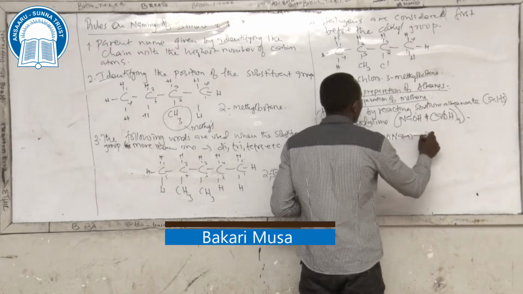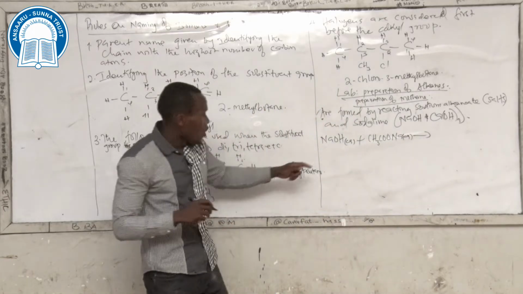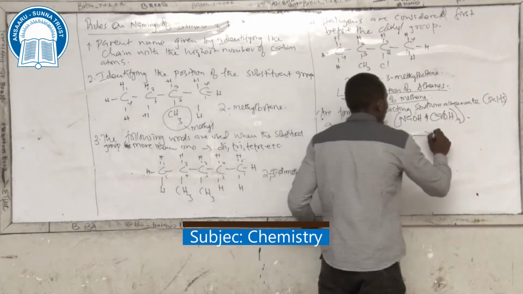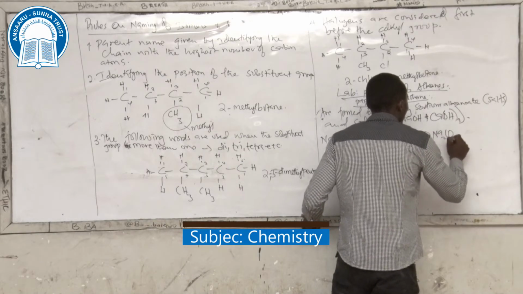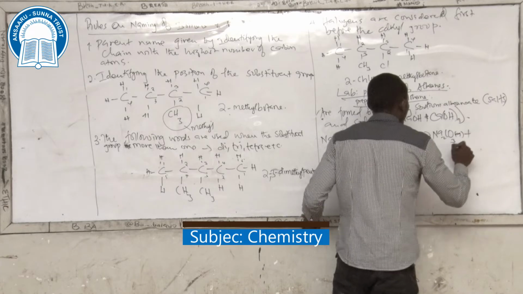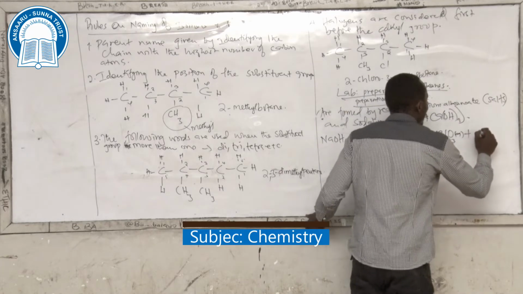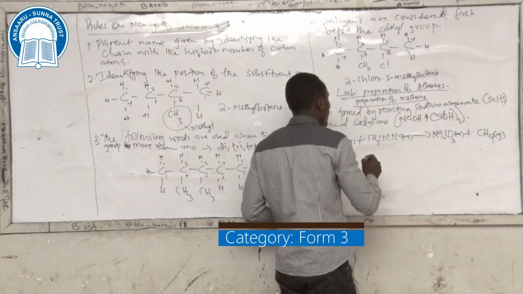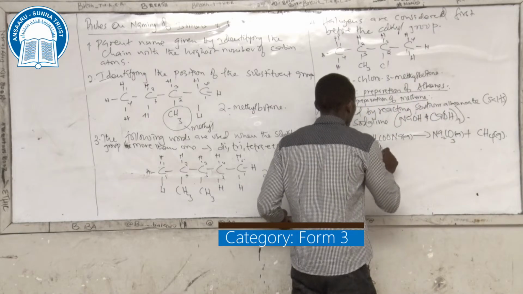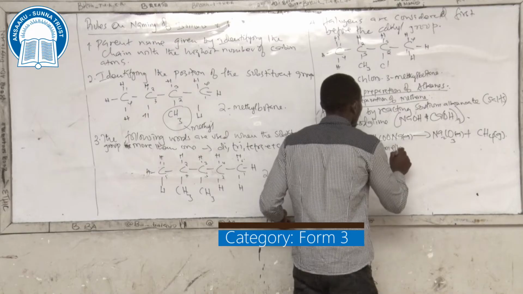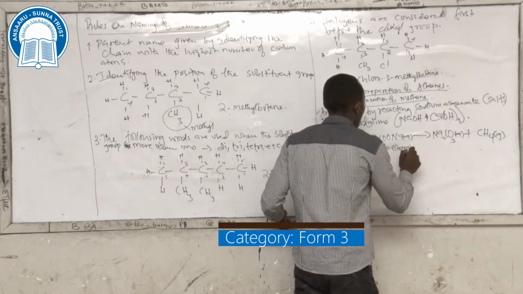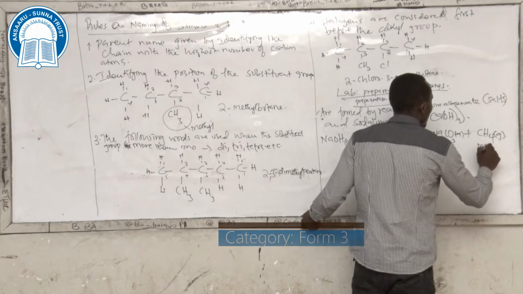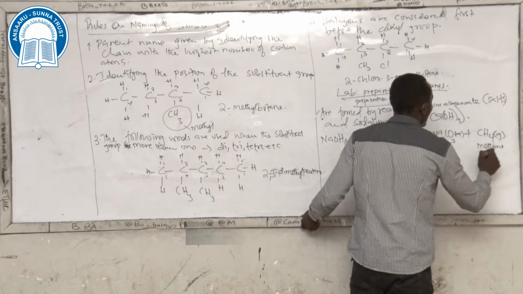CH3COONa, aqueous. So what are we going to get? When we carry out this reaction, we are going to obtain sodium carbonate, aqueous, plus CH4 gas. This is the sodium ethanoate with the soda lime giving us methane gas.